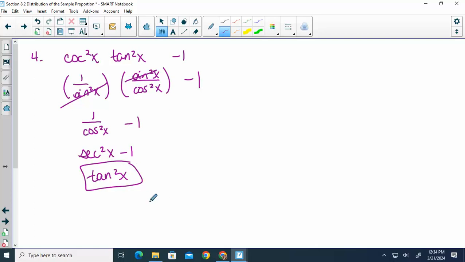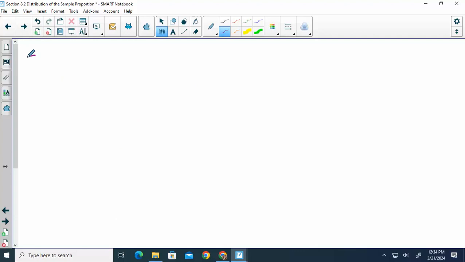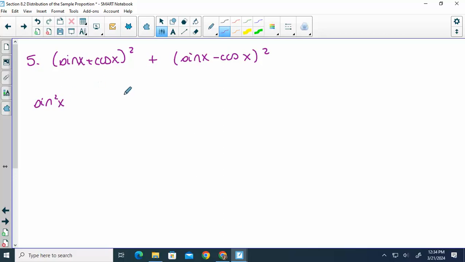What about number 5? Okay. What does it mean if you have a parentheses squared? FOIL. So sine times sine would be sine squared x. Sine times cosine, sine x cosine x.